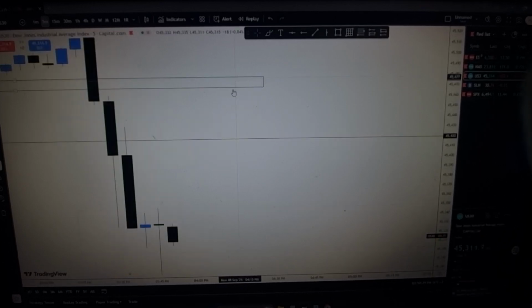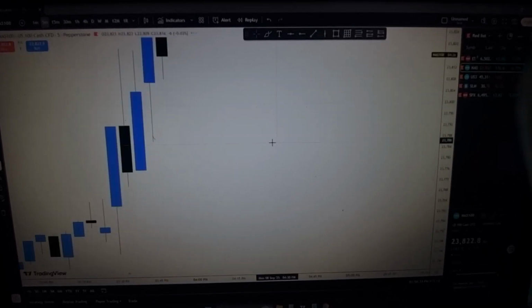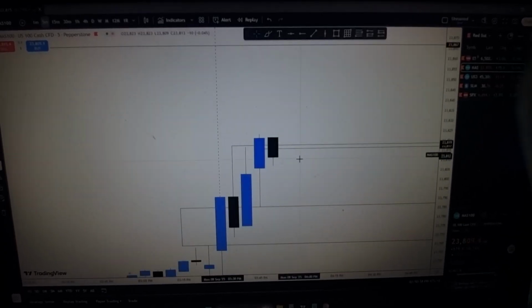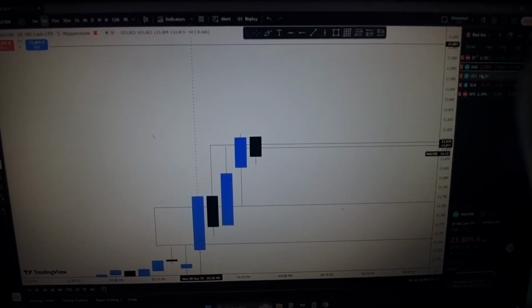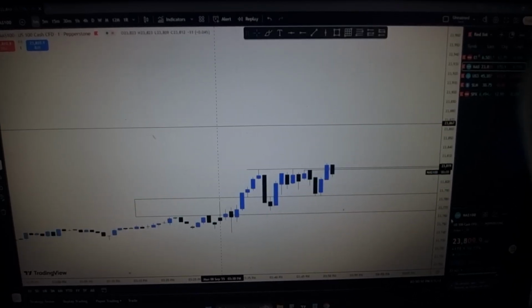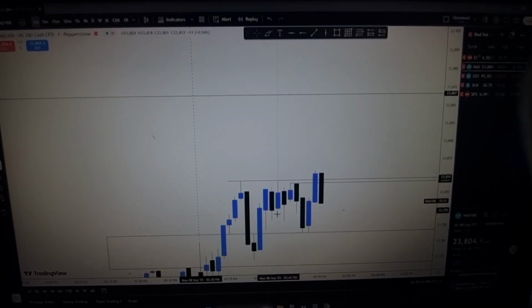So I do indeed think, no we did not, okay. But I might think we will. Okay, this is definitely gonna be interesting. So we did have a break of structure to the upside.